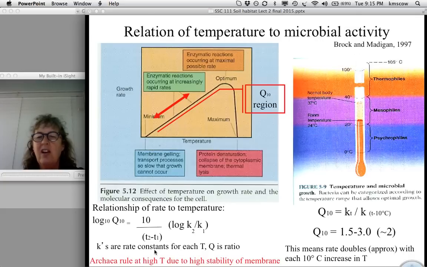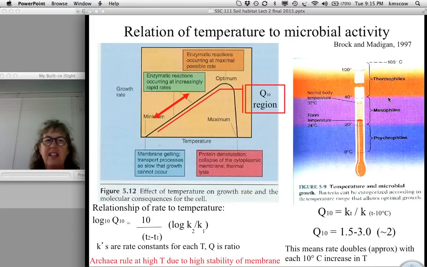And archaea are really good at high temperatures because they have these membranes that are much more stable at high temperatures. Okay, and then this picture over here shows you just some names of organisms.